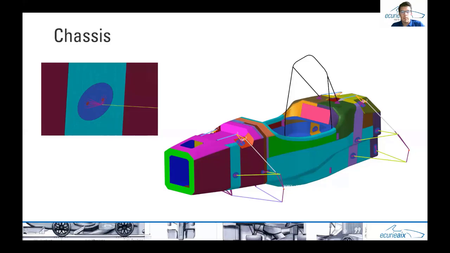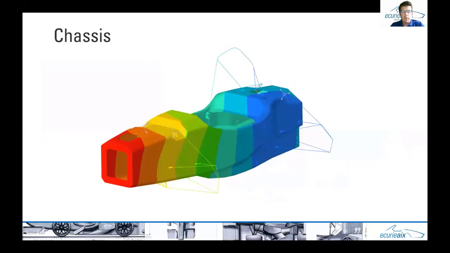The force in that direction isn't that important or relevant because we calculate the torsional stiffness later, linear elastic, and from this value we calculate our torsional stiffness. Here you can see a simulation result from the monocoque simulation.